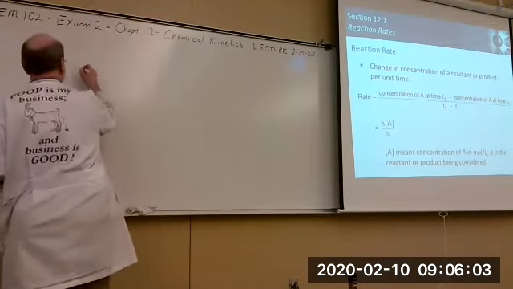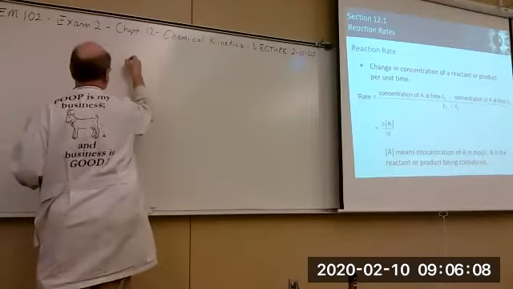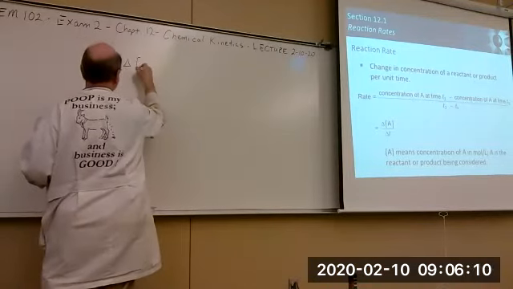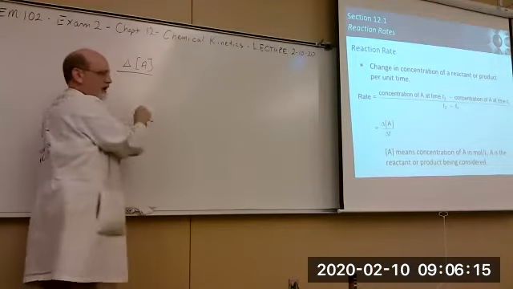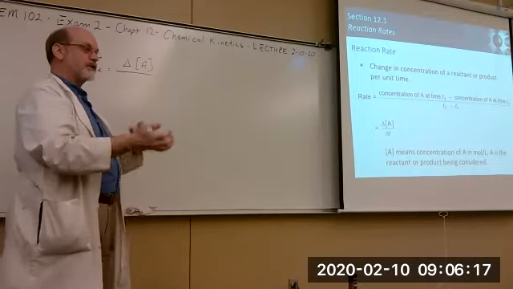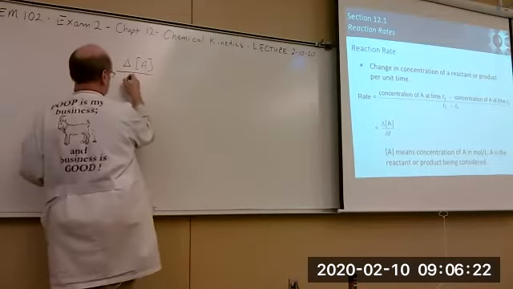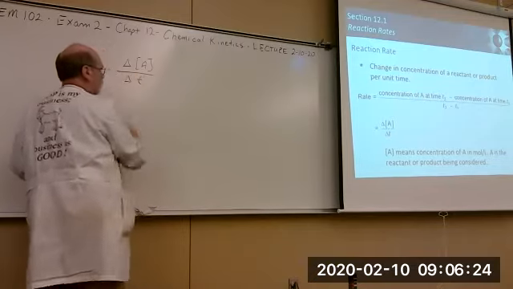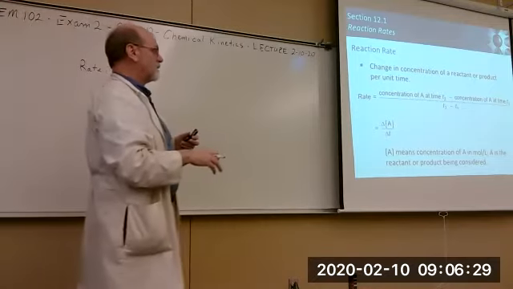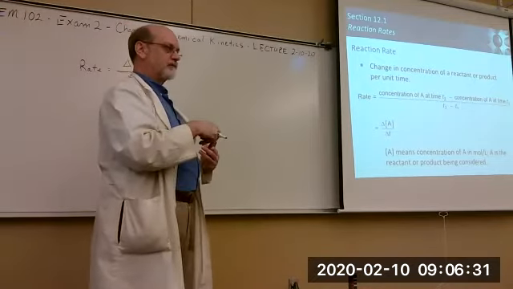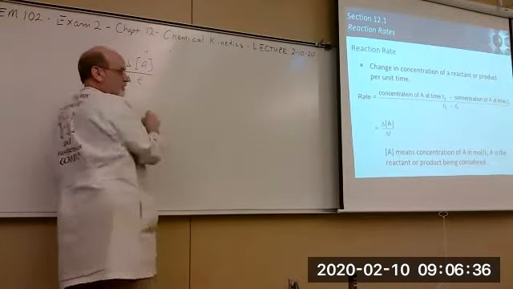So we would say the rate then is equal to a change in concentration of some component, and that's what we mean by square brackets. Square brackets means concentration of whatever's inside, over a particular period of time. And if you subtract the beginning from the ending, then if this increases, that value is going to be positive, right?